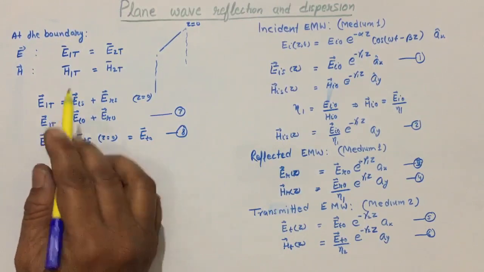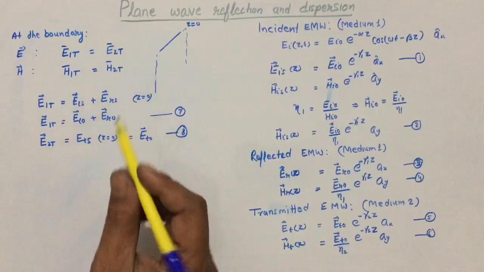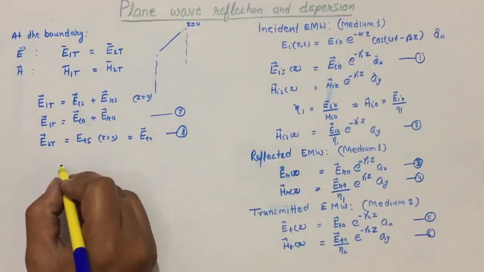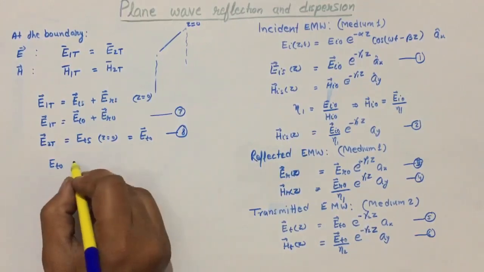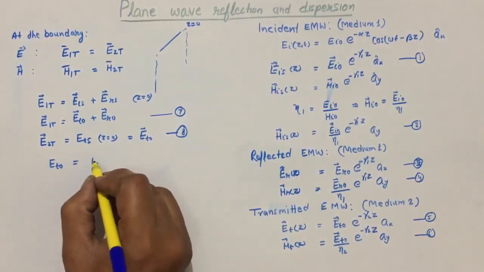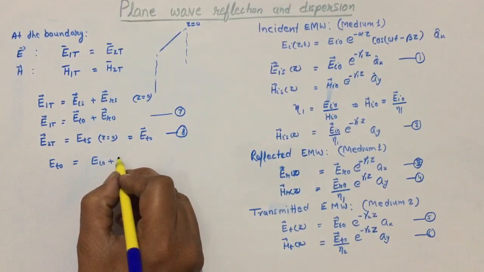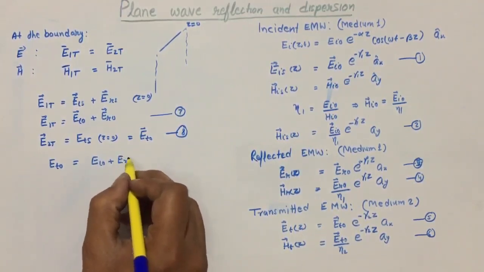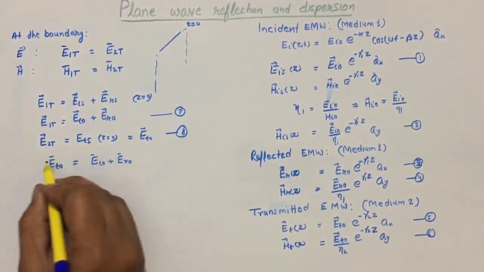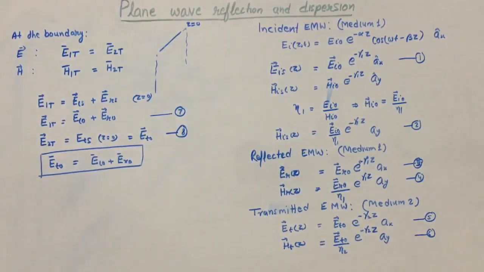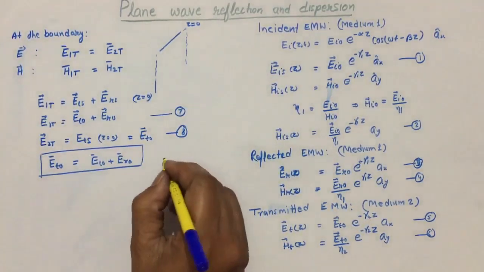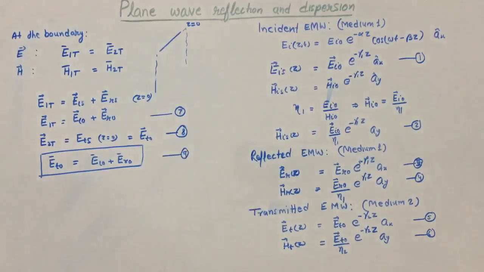As they are equal, from there we can say E_T naught will be equal to E_I naught plus E reflected naught. So in this way we have one final equation for further study. We can name it equation number 9.